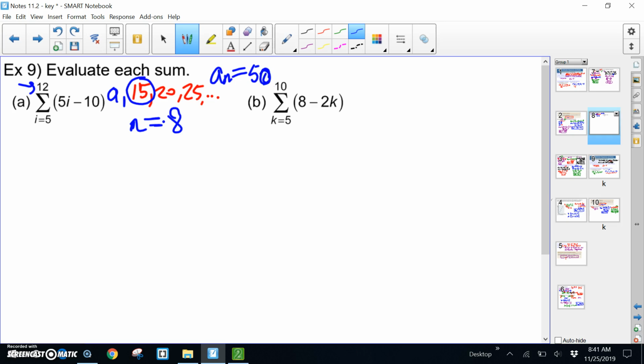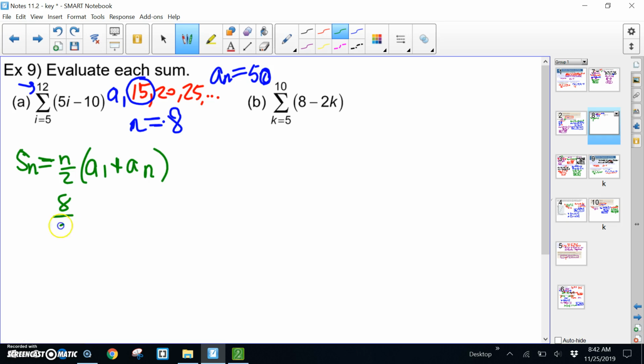So I've got pretty much what I need in order to use that first formula. I've got the first term, I've got the last term, and I've got n equals 8. So we can find the sum. All right, the sum, or Sn, is going to equal n over 2 times a1 plus an.